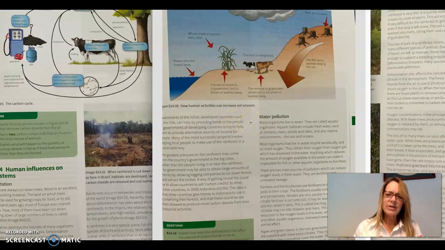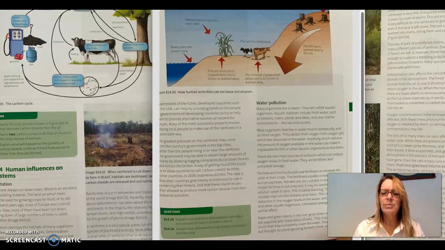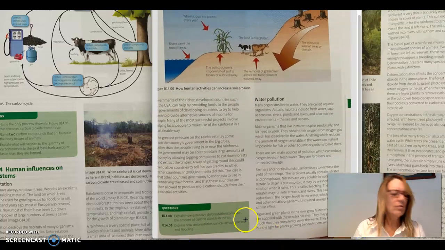One of the things that we really need to worry about is the question, let me see if I can move this up a little bit there. Question 1408 says, explain how extensive deforestation can affect the amount of carbon dioxide in the air.